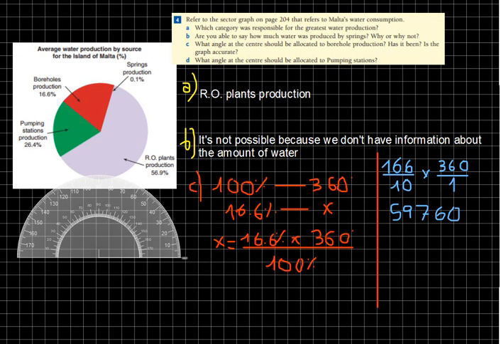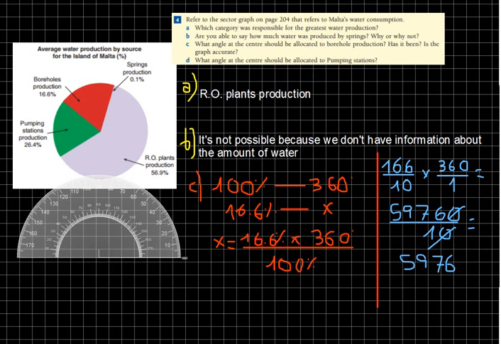And 10 multiplied by 1 is going to be 10. Now we can cancel the 0 here with another 0, and the answer is going to be 5,976.